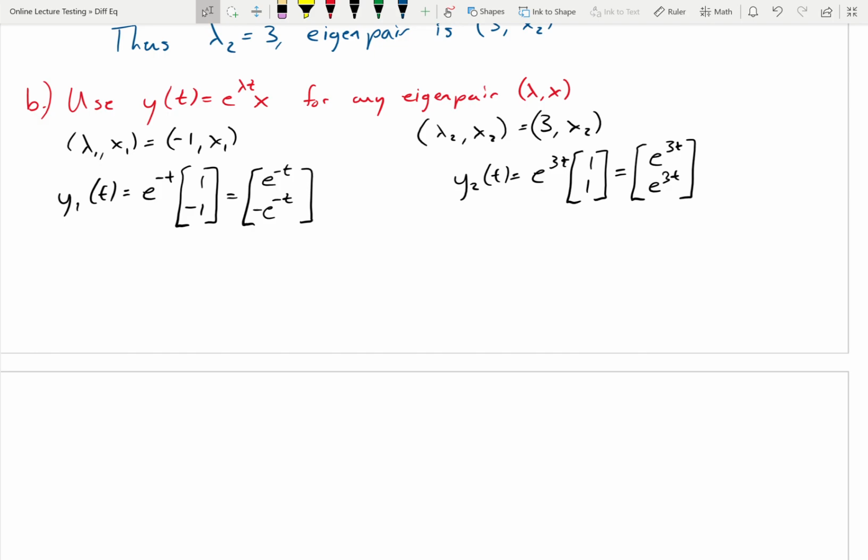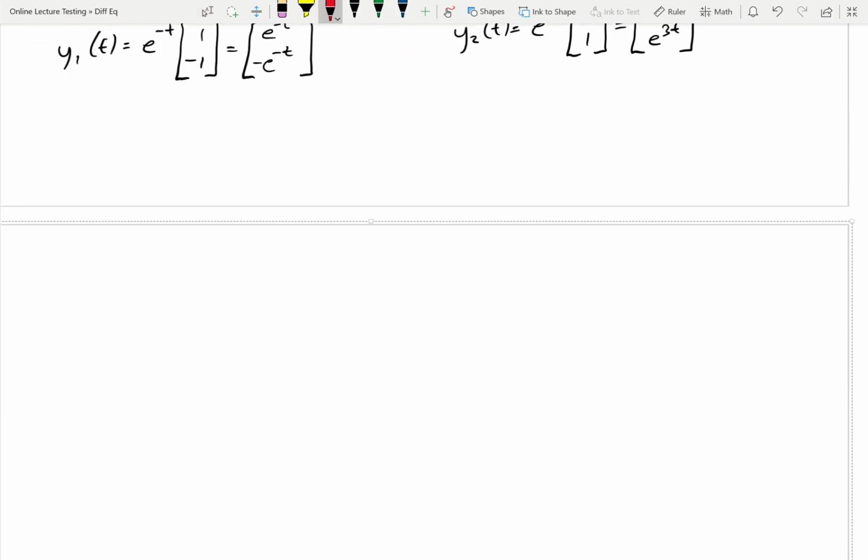All right, part C. We stated that we need to determine if this forms a fundamental set.